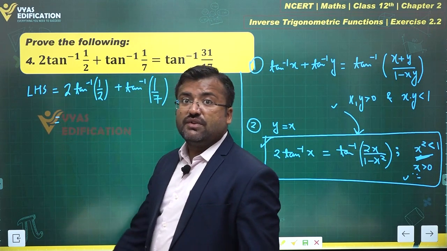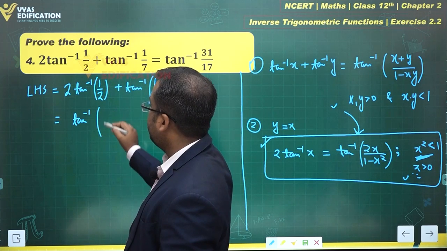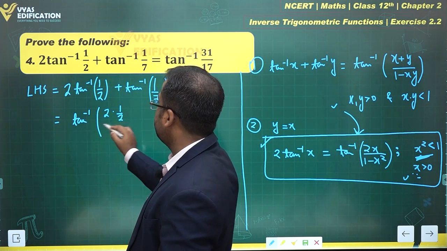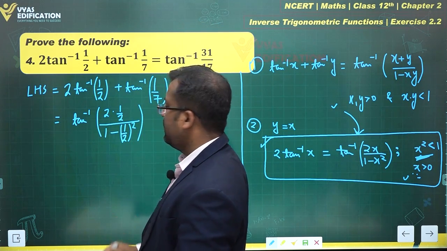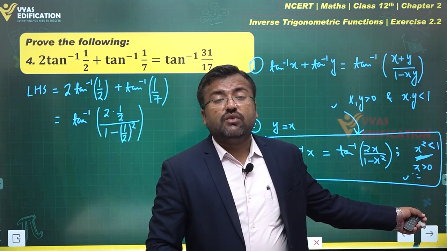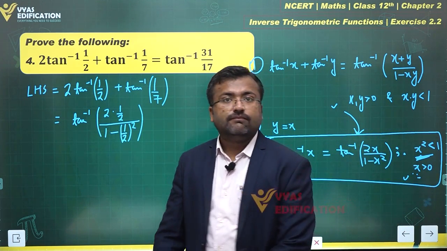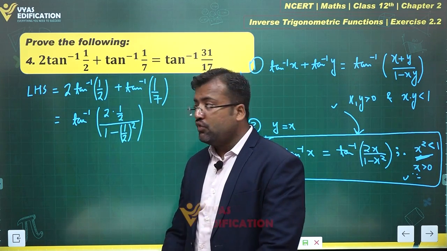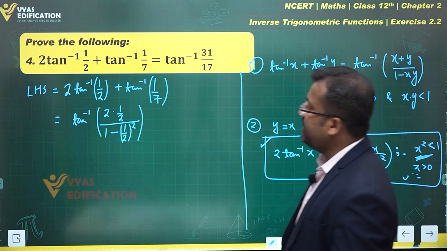And this 2 tan inverse 1 by 2 can be written as tan inverse of 2 times 1 by 2, that is 2x over 1 minus x square, with x as 1 by 2, whole square. Since 1 by 2 is greater than 0 and 1 by 2 square is 1 by 4, which is less than 1, this result holds. Therefore we have applied this tan inverse 2x over 1 minus x square.